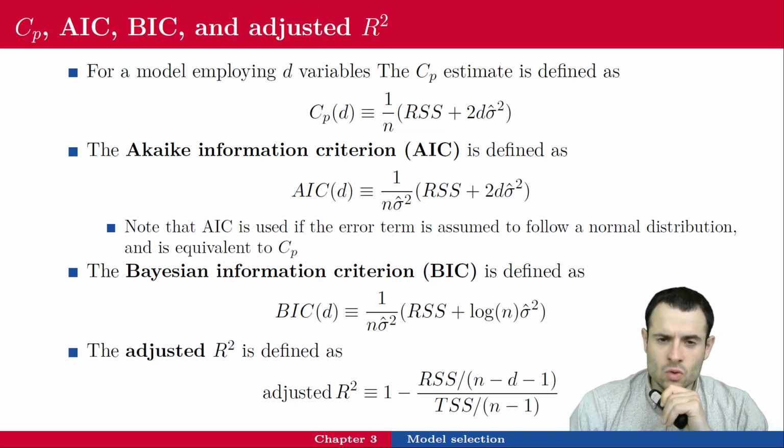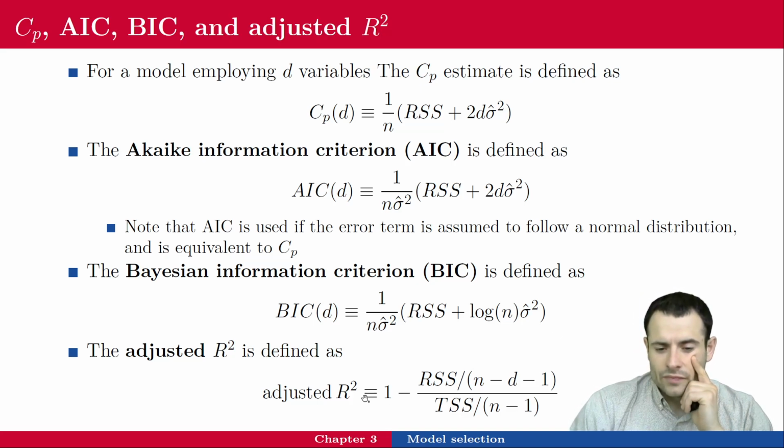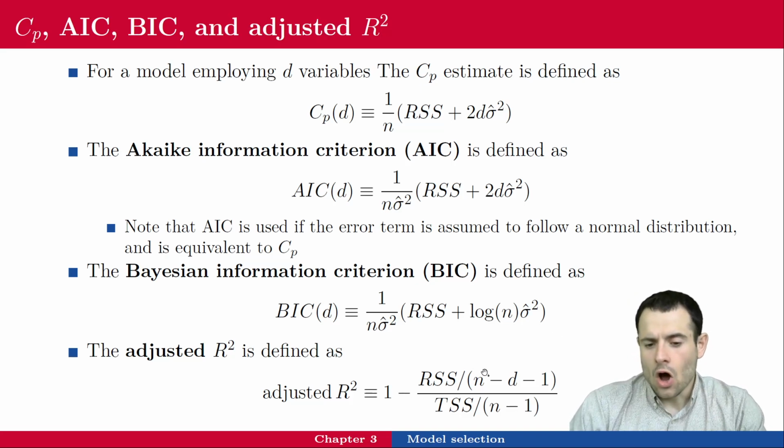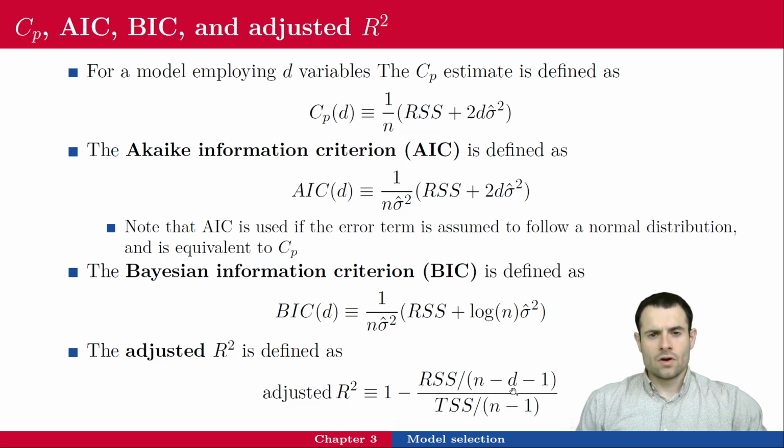Finally, the adjusted R-square is defined as 1 minus, and instead of just being RSS, residual sum of squares, over total sum of squares, each side of the fraction is divided by a number involving the sample size and the number of covariates.